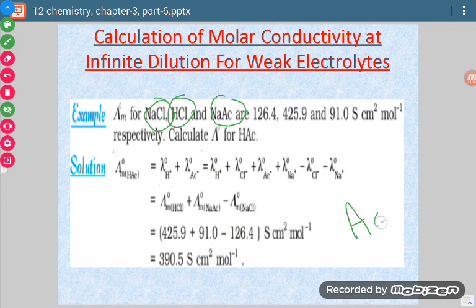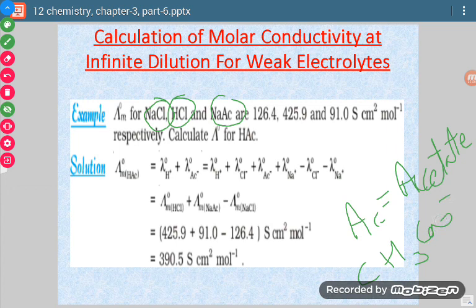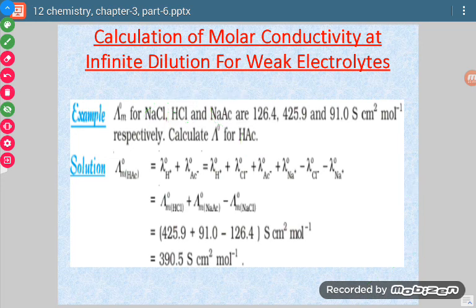This means acetate ion. Acetate ion is CH3COO negative. So NaAc means CH3COONa. Similarly, HAc means CH3COOH. So Ac stands for acetate ion.